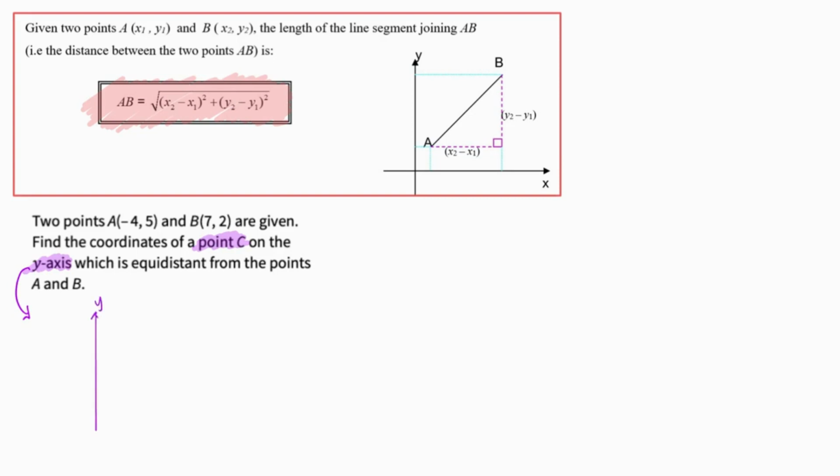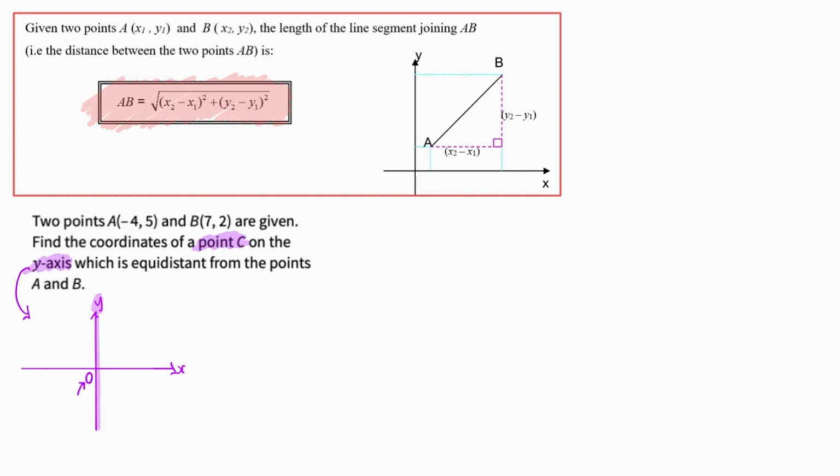This is my y-axis, and my x-axis, going to just put on the x-axis. So any point on the y-axis, you must be able to see that the x coordinate is in fact 0.